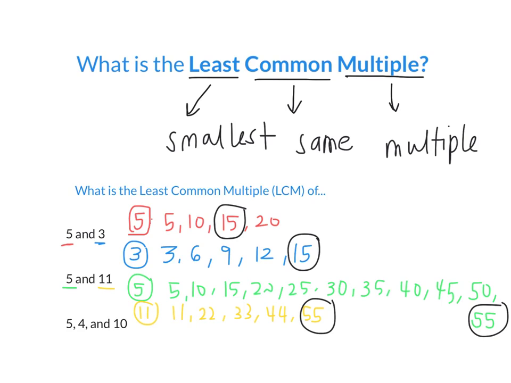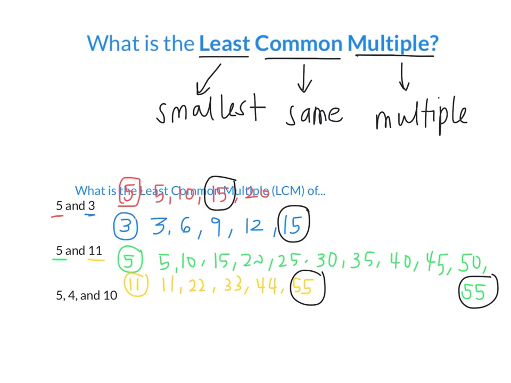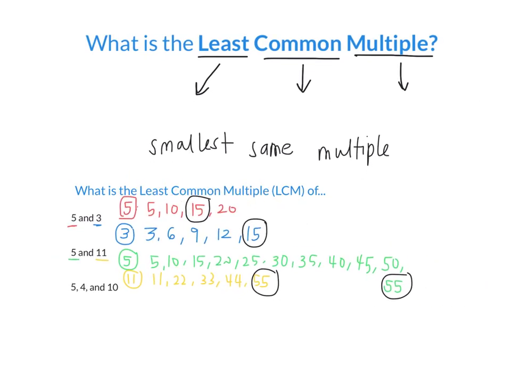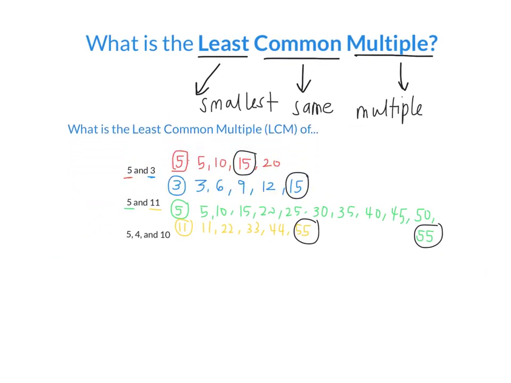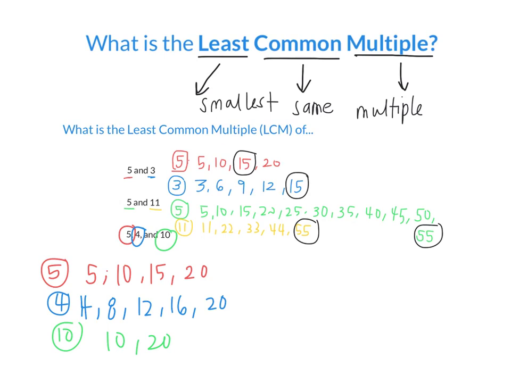Now, can we only find the LCM if we have two numbers? No, we can also find it if we have more than two numbers. So let's see if we can find the least common multiple of three numbers now. 5, 4, and 10. So, after listing the multiples, we can see that the least common multiple of 5, 4, and 10 is 20. Good.